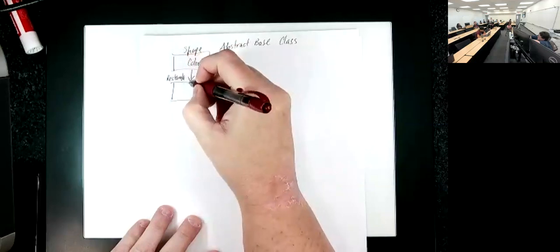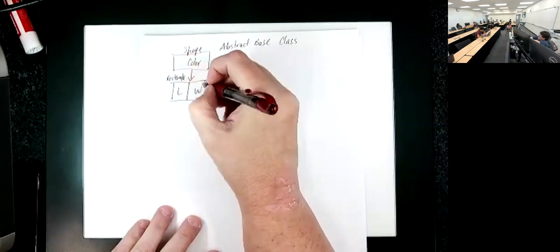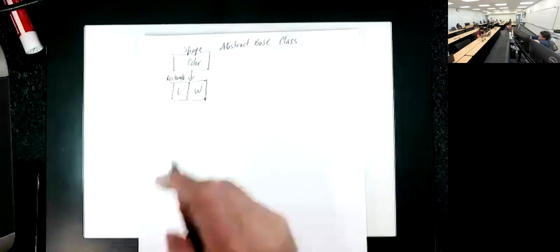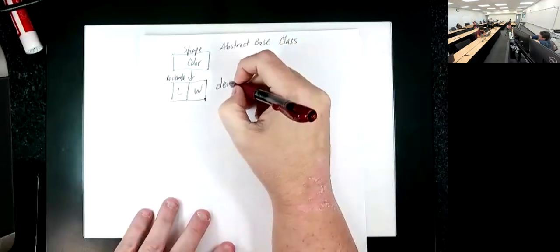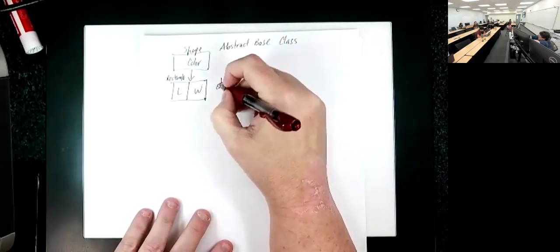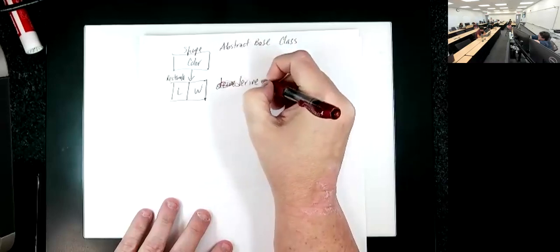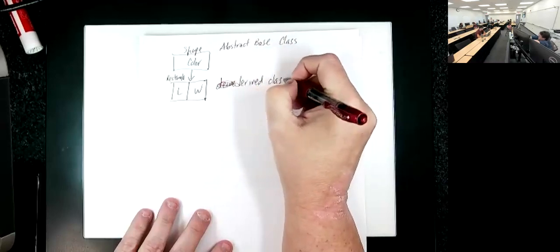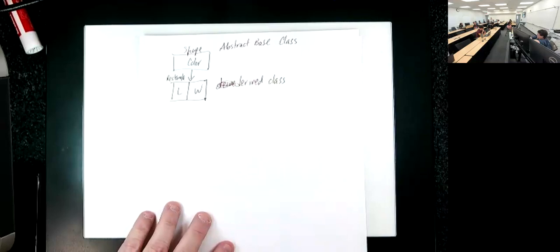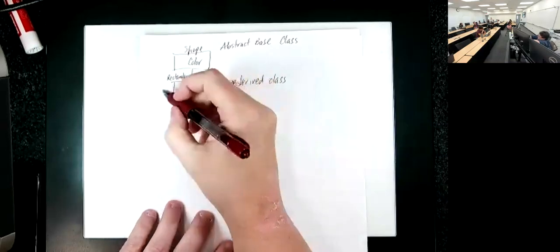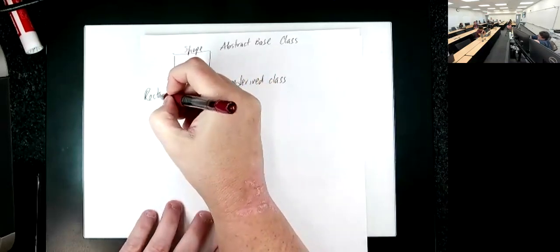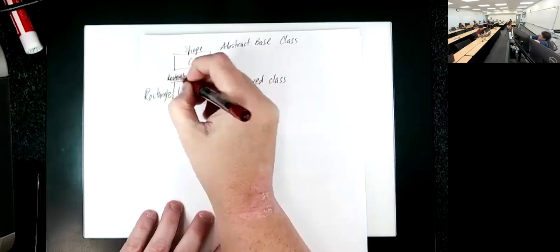And it added two more, it added length and width. This is called a derived class, off of shape. So that was rectangle. Maybe I'll write it over here where it's not so small.